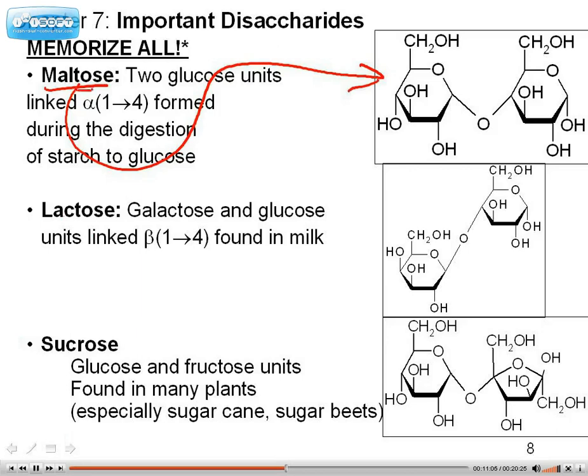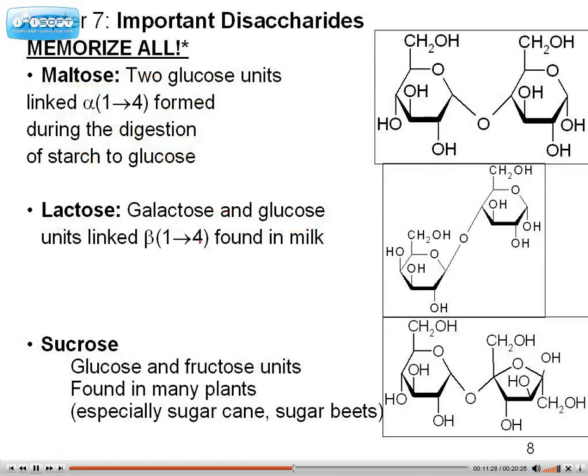Also, this is an alpha 1 to 4, because originally it was on the anomeric carbon where it was an alpha alcohol, and it's still facing down, so this is alpha 1 to 4.